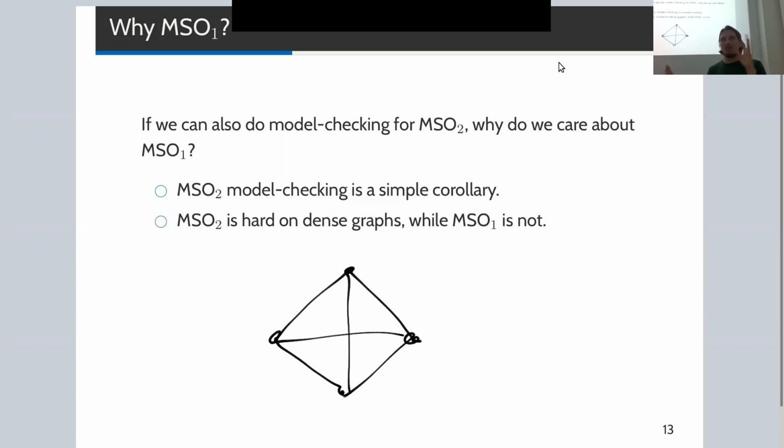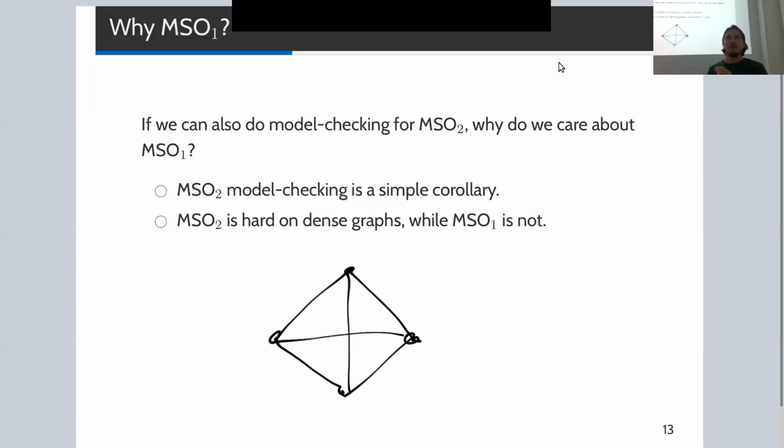Now it's just an empty graph. Whenever you ask whether two vertices are adjacent, you now ask whether two vertices are non-adjacent. So you replace G and phi with G prime and phi prime, and then you evaluate that. This empty graph has bounded tree width, so it's very easy to evaluate. So on cliques, MSO1 model checking is super easy.